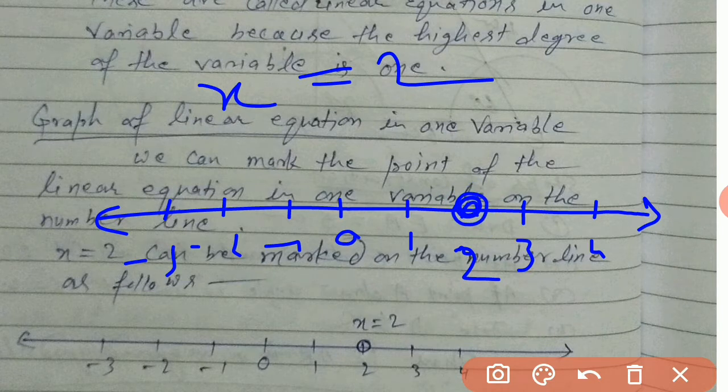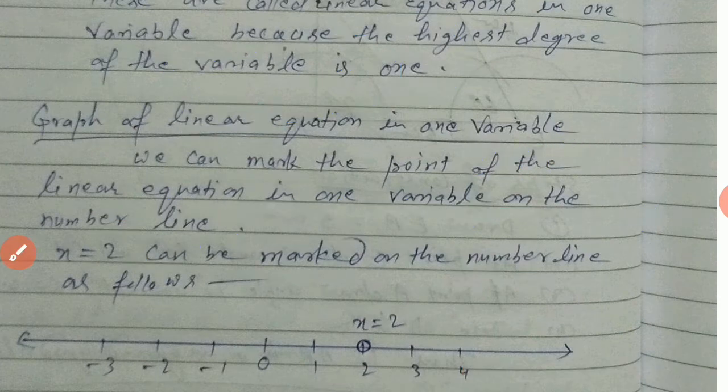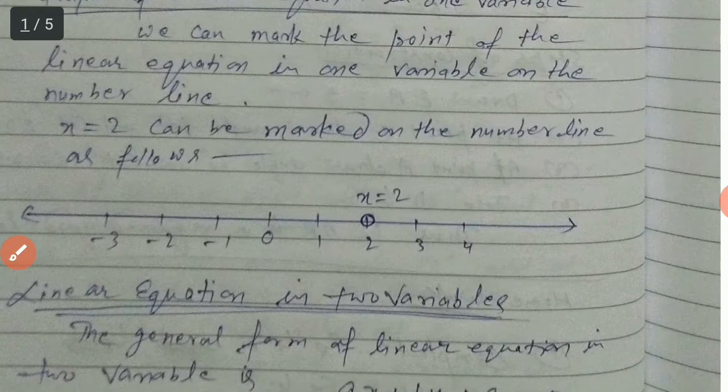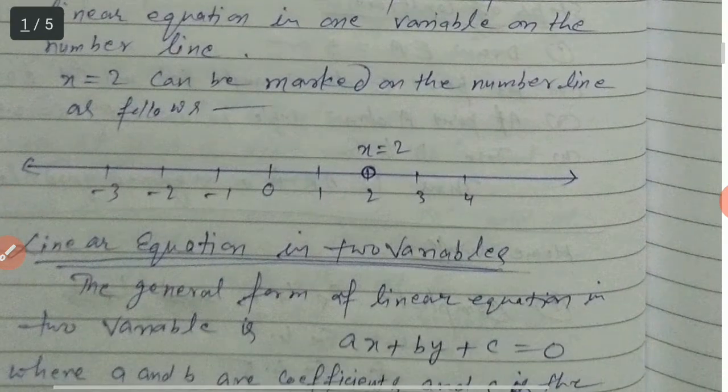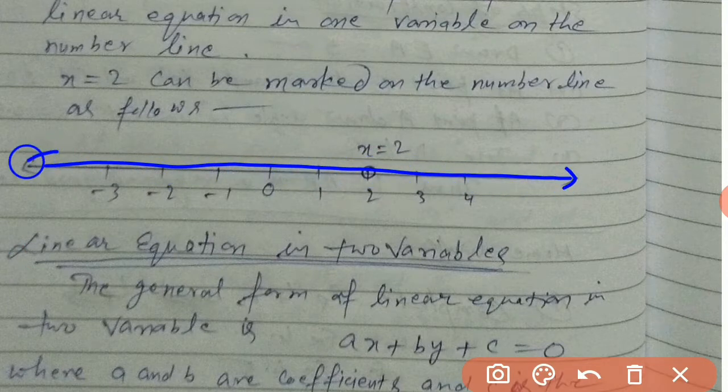So the graph of x equal to 2 is this. x equal to 2 can be marked on the number line as follows. This is a simple number line, and here is x equal to 2. This is the graph of x equal to 2.